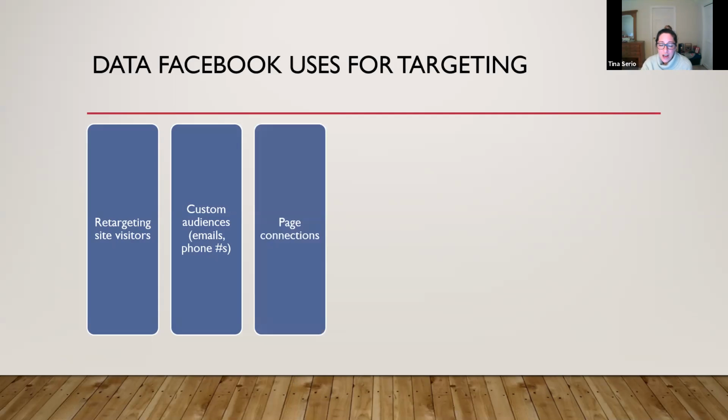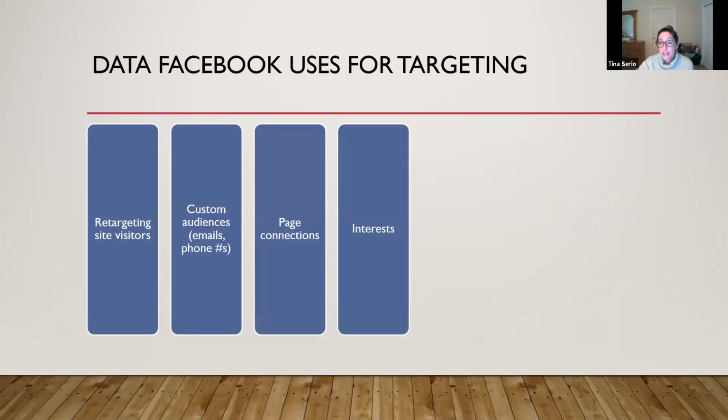Okay, one of the other ways that you can target people on Facebook is through page connections. So if they already have a connection with you or one of your sister brands. Interests.